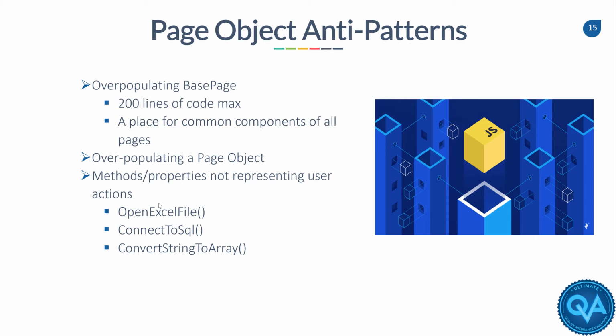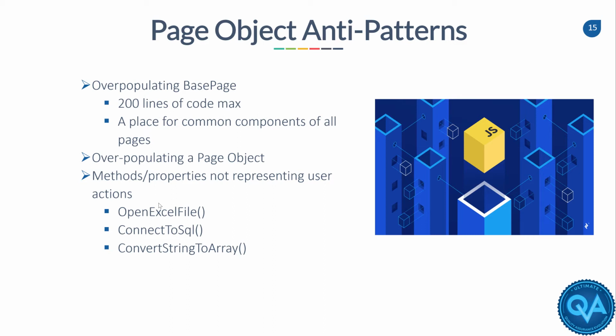One thing that I've seen work really well in the past is to apply a 200 line of code max to your base page, but it actually applies to all of the classes. Say that your base page can only be 200 lines of code max, and that will make sure that not only does your base page follow the Liskov substitution principle, it will also follow the single responsibility principle and be small, and I'll talk about that in a little bit.